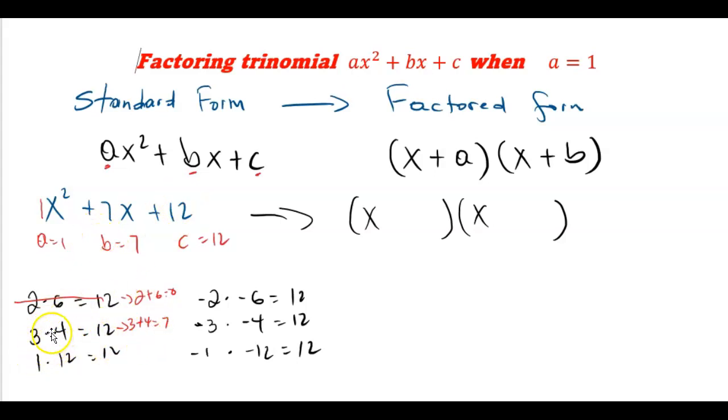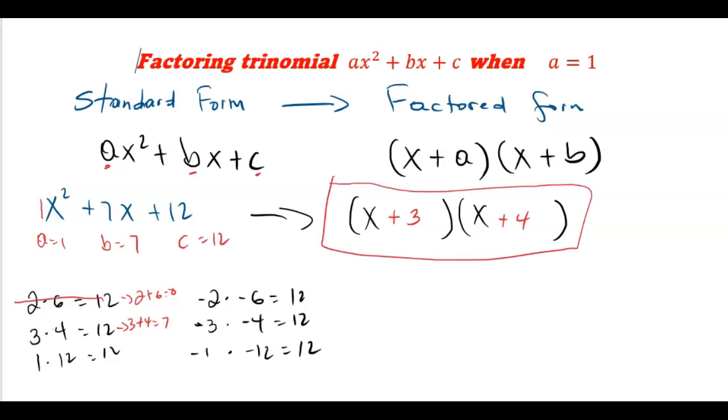My numbers are plus 3 and plus 4. I'm going to put plus 3 here and plus 4 here. It doesn't matter if you put plus 4 first and plus 3 second, either way it's the same thing. So the factored form will be x plus 3 times x plus 4.